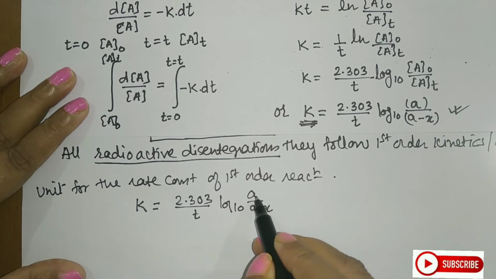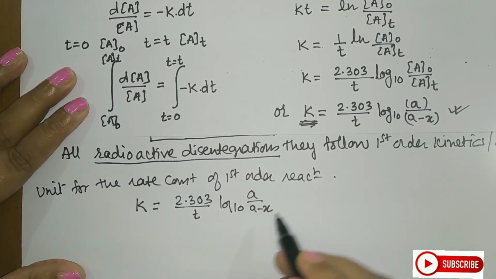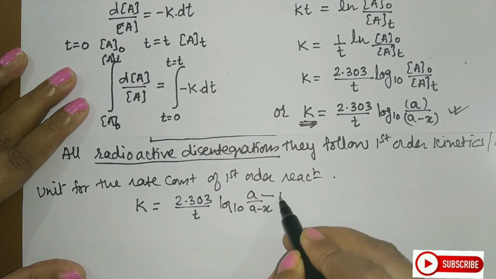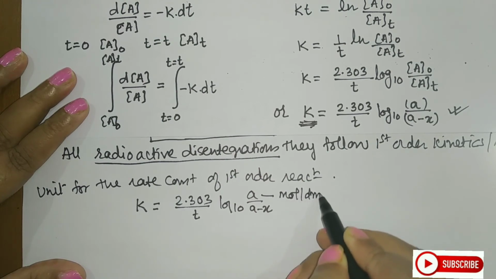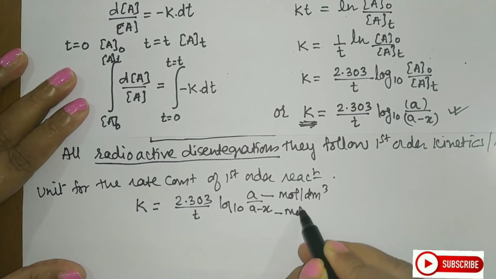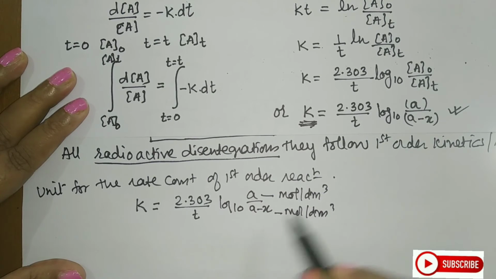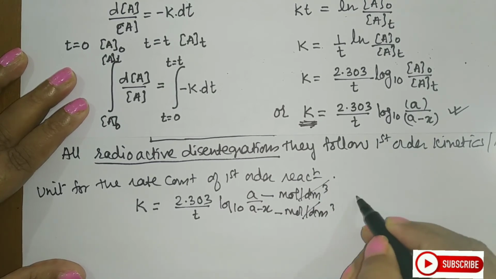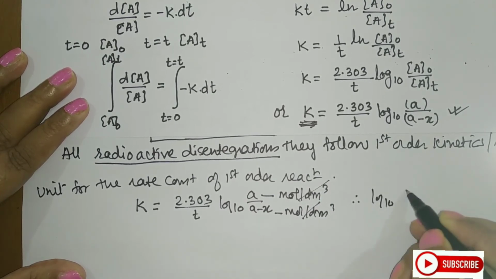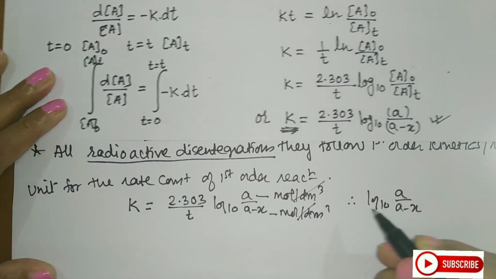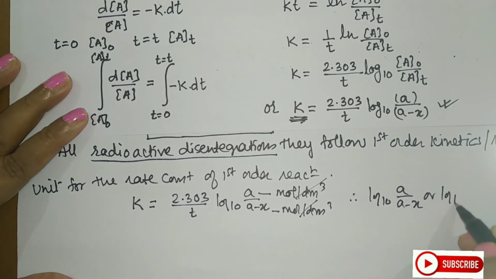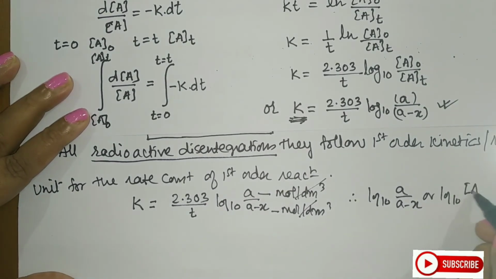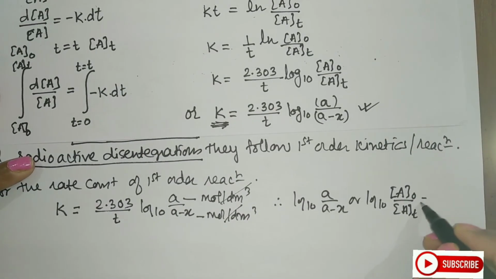Now students, this is the active mass. This is also active mass. So if it is given in mole per dm cube, this will also be in mole per dm cube, and so this will get cancelled. And therefore, log to the base 10 of A upon A minus x, or log to the base 10 of A0 by At, will have no unit.